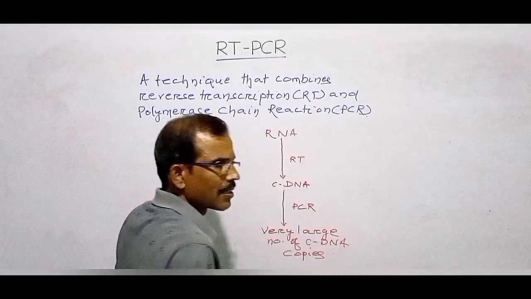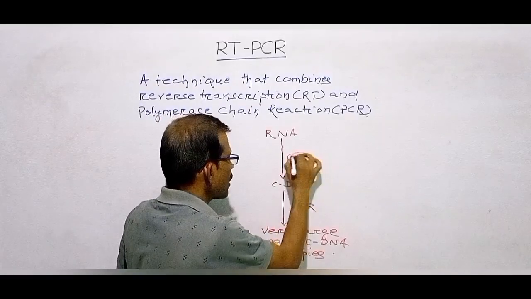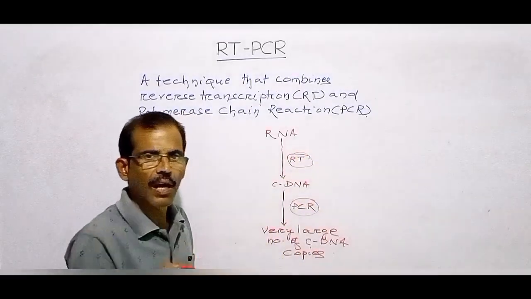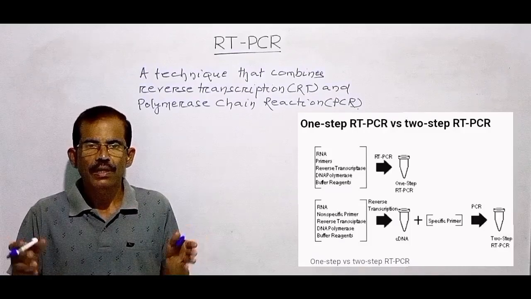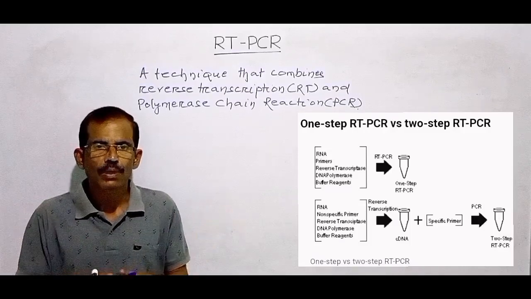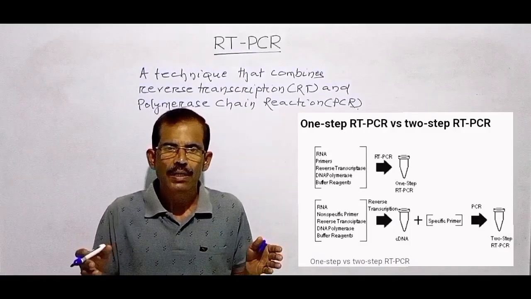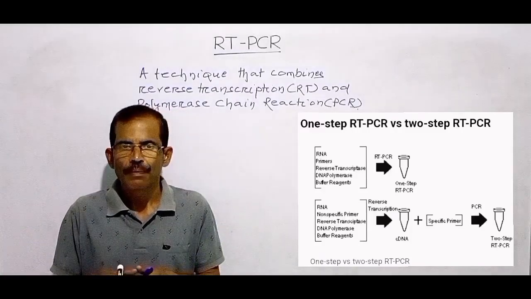RT-PCR thus combines reverse transcription and polymerase chain reaction. RT-PCR is commonly used to measure the amount of specific RNA in different samples.